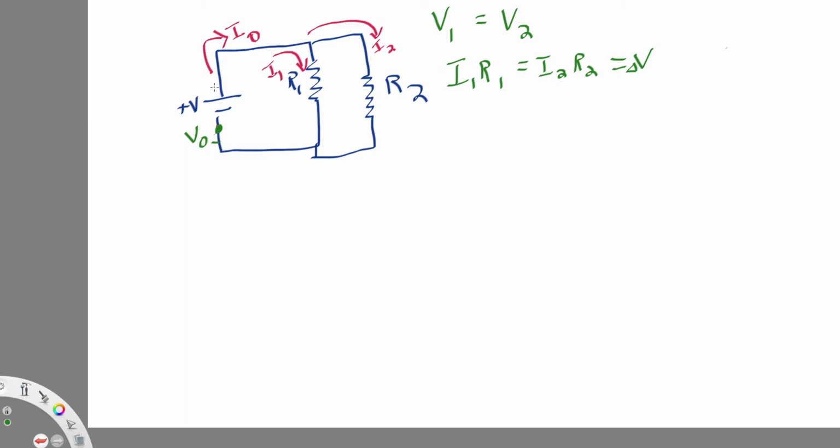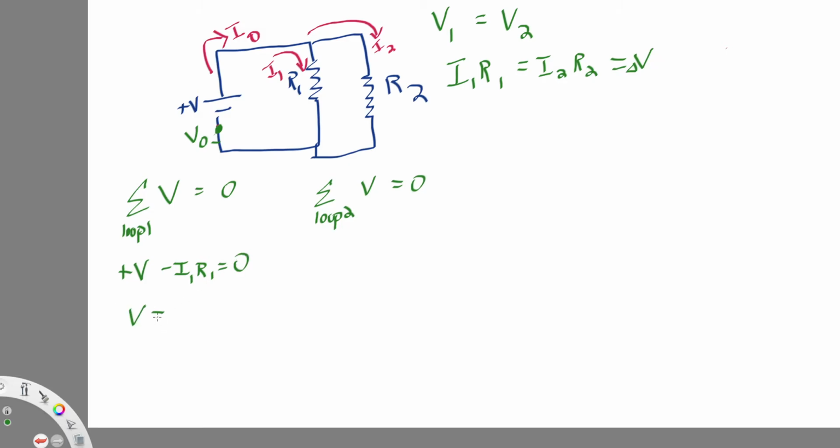So if we go around this first loop that includes R1, right, we have the rule that we derived on the last board: the sum of voltages around loop 1 should equal 0. But also the sum of voltages around loop 2 should be 0. So around loop 1, we get plus V from the battery, and we get minus I1 R1. That should be 0.